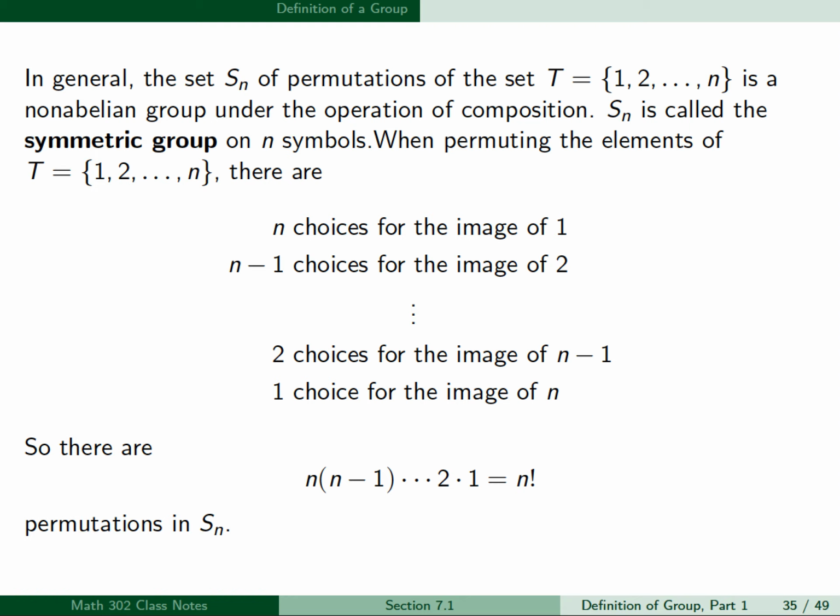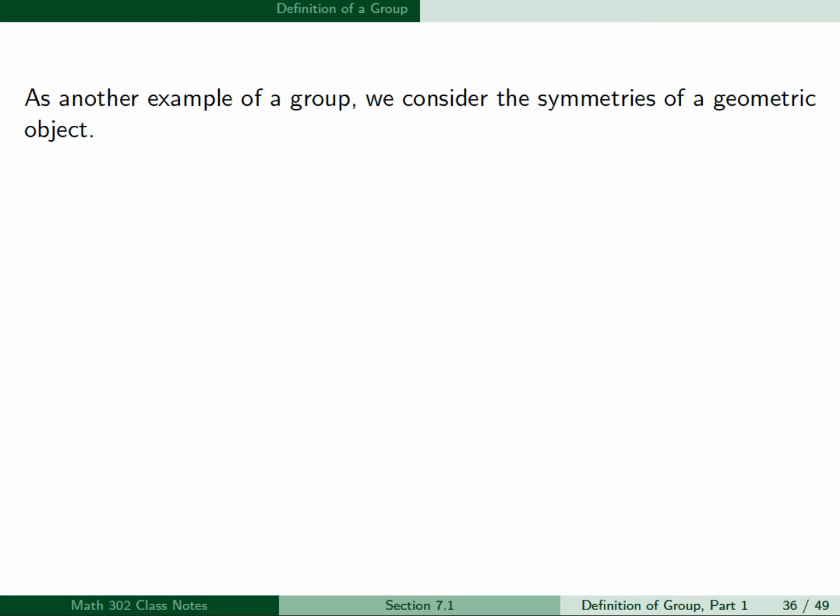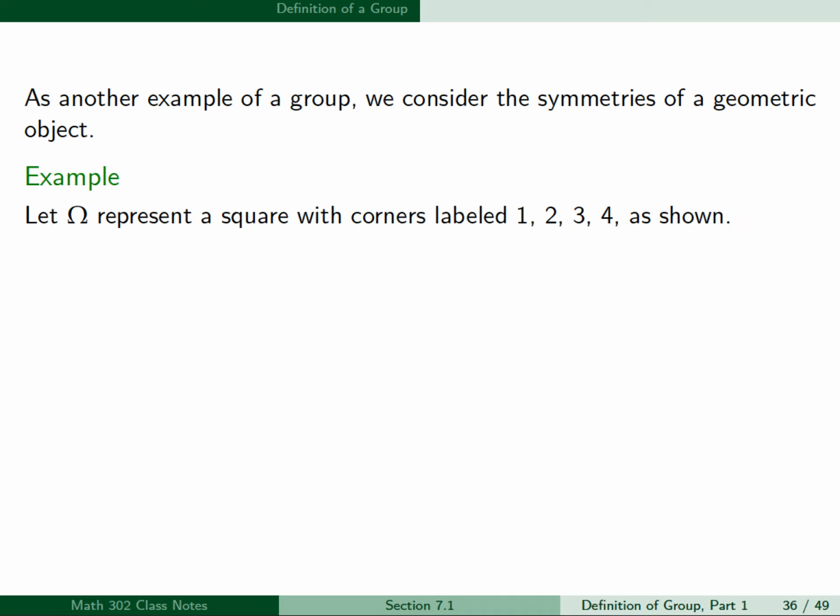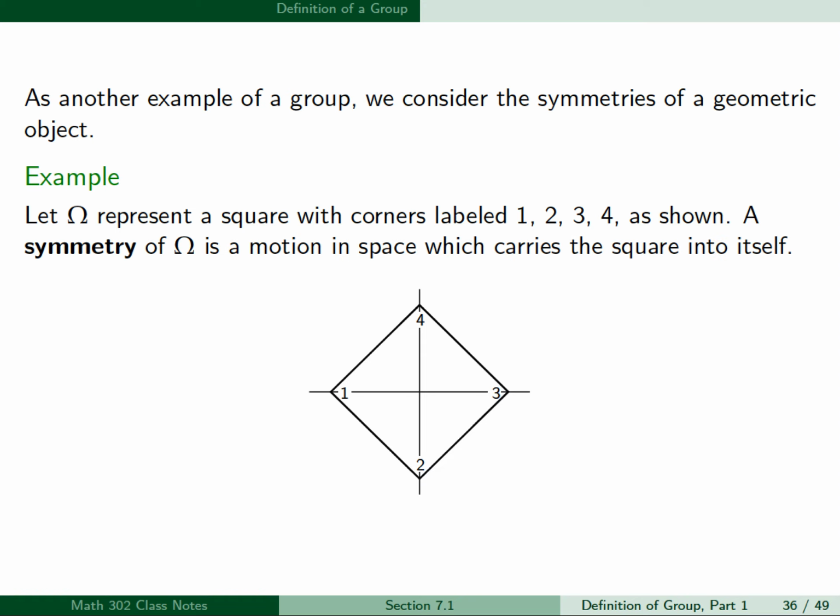As another example of a group, we consider the symmetries of a geometric object. Let's let capital omega represent a square with corners labeled 1, 2, 3, and 4, as shown. A symmetry of omega is a motion in space which carries the square into itself.